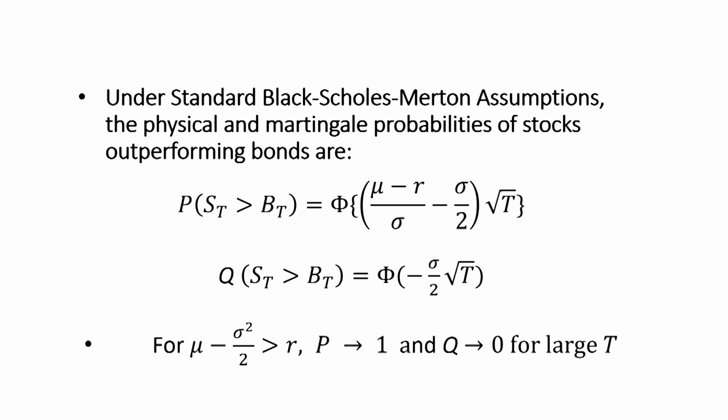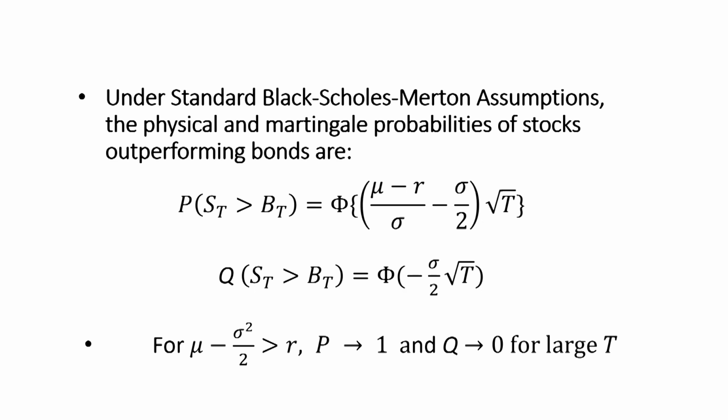Now, what is this saying? This is saying that it doesn't quite jive with the idea that P and Q need to agree with each other. Here, asymptotically, they don't speak to each other. They diverge completely. Effectively, when the geometric return on the index is higher than the risk-free rate, then the probability of stocks outperforming is 1, but the martingale probability goes to 0.